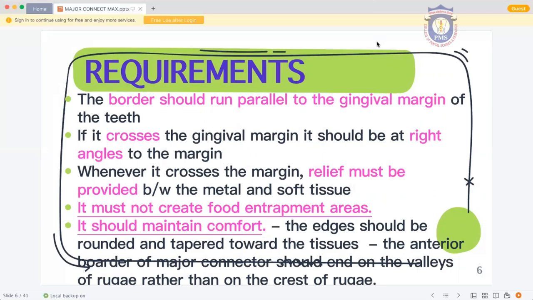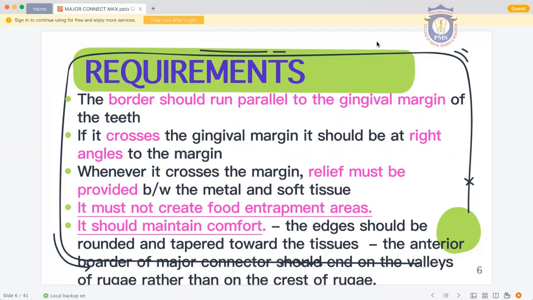Then the next requirement is that the border should run parallel to the gingival margin of the teeth. If it crosses the gingival margin, it should be at right angles to the margin. So the borders should run parallel to the gingival margin, and if one is supposed to cross the gingival margin, it is to cross at an angle of 90 degrees.